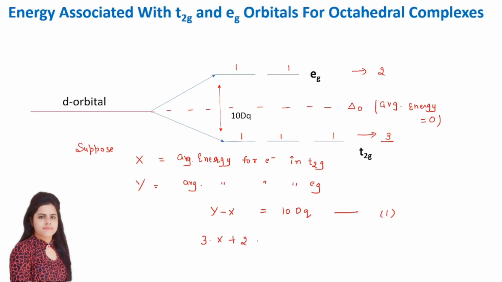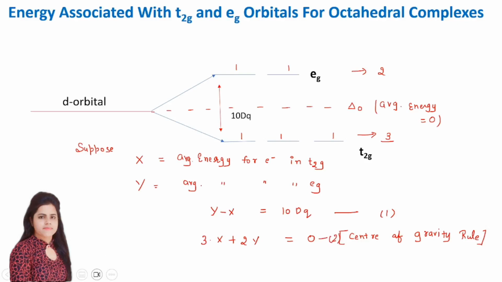Plus we have 2y, 2 for the eg degenerate orbitals, y for eg, and that sum is equal to 0, as I told you according to the center of gravity rule, or the barycenter rule, which says that at the barycenter the total sum of all the energies will be considered as 0. That will be my second equation.